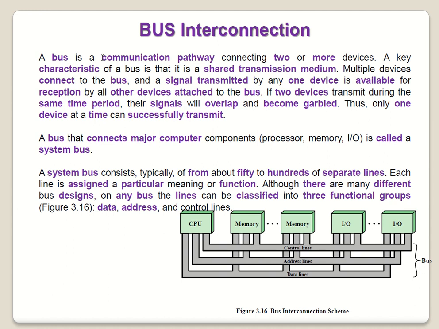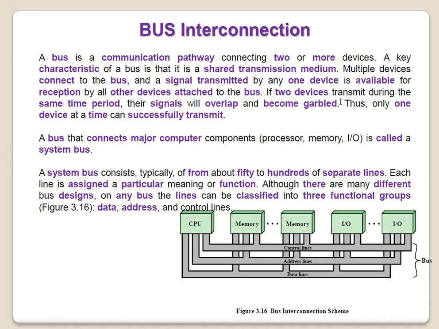So with multiple devices connected to a bus, a signal transmitted by any one device is available for reception by all other devices attached. That means if two devices transmit during the same period, their signals will overlap and be garbled.